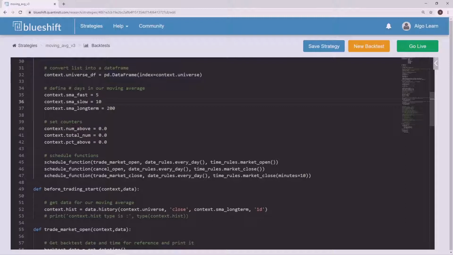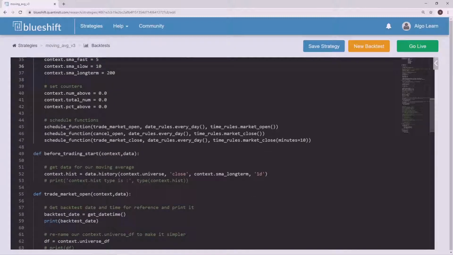The last function is the trade market close. So if you recall, we're going to go ahead and close out our positions 10 minutes before the market close. So we're only going to stay in our positions from market open to 10 minutes before close. And so what we're going to do, our strategy, so you can see here before trading start, we're going to go ahead and pull our data.